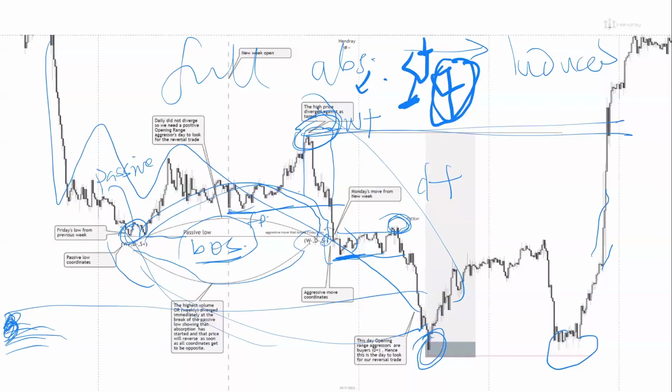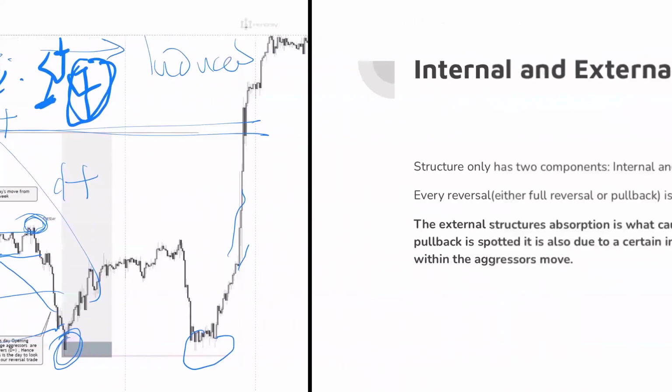So internal divergence is simply, in a good way to put it, divergence between aggressors. Aggressors are the present trend. While external divergence is divergence between the aggressors and the passive. Okay, so that's majorly it. Daily was the word we were searching for there, and that's it.